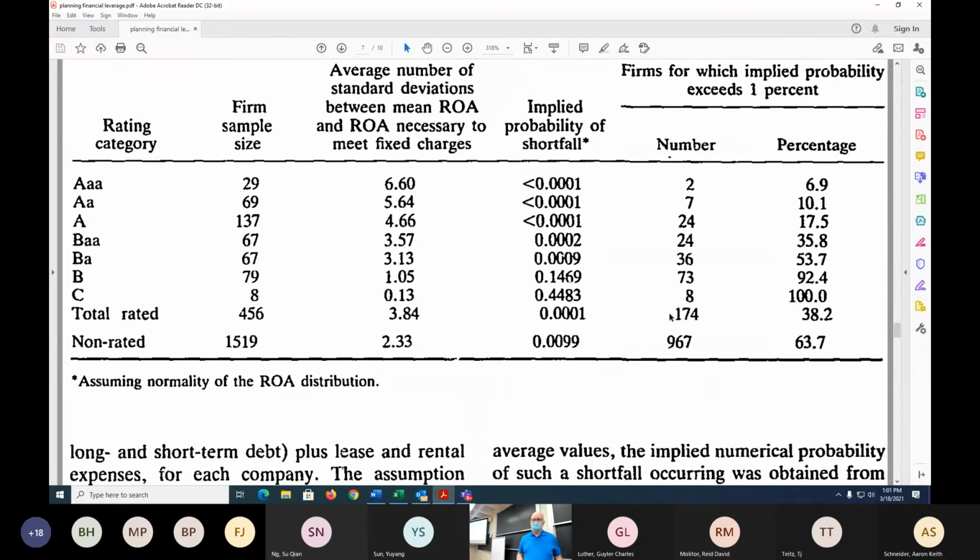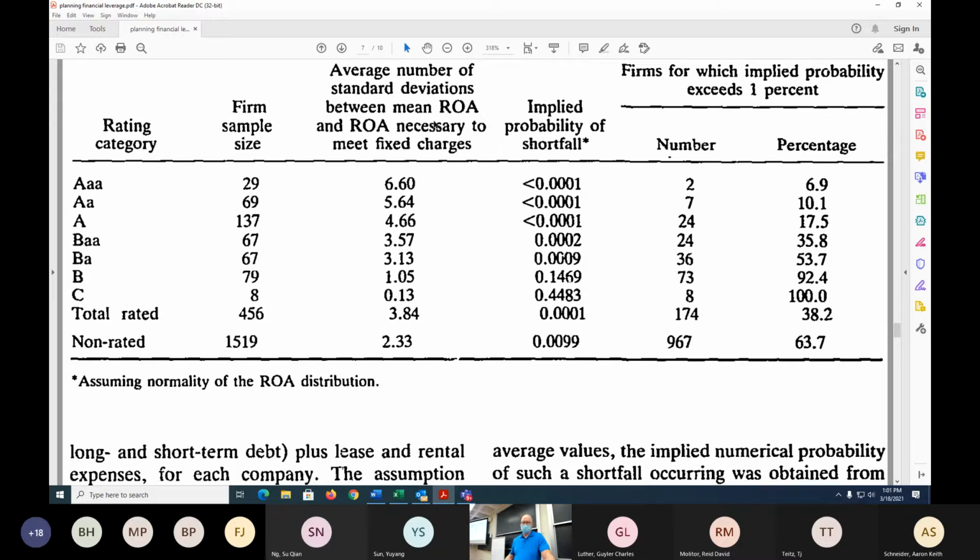Now let's not mix up what's on here with what we've been doing in class. They're the same thing, except this one says the average number of standard deviations between the mean ROA and ROA necessary to meet fixed charges. That's what we've been doing.